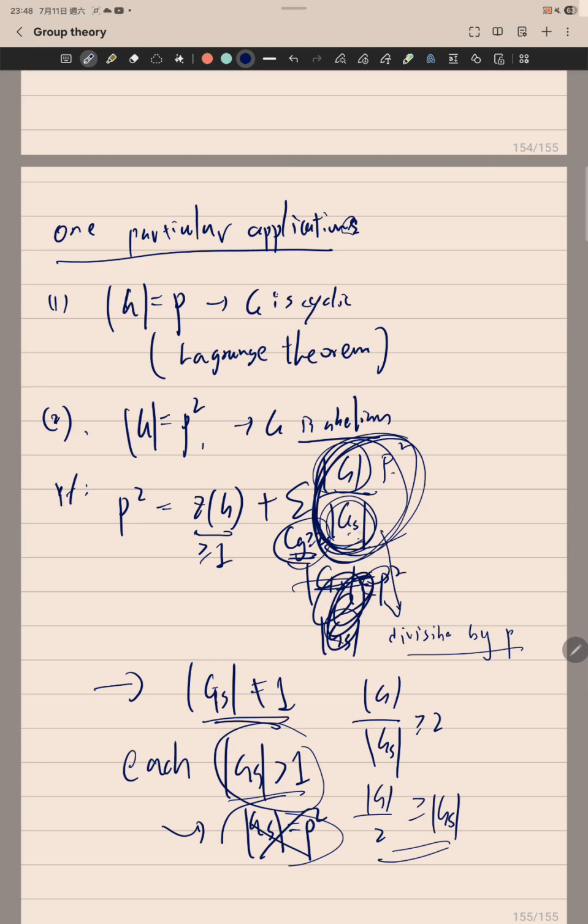So the total of these guys must be divisible by p. So now you have p squared equals |Z(G)| plus something which is divisible by p.